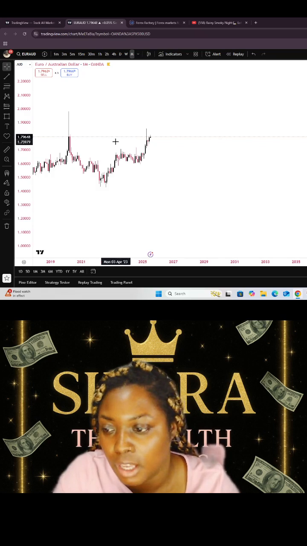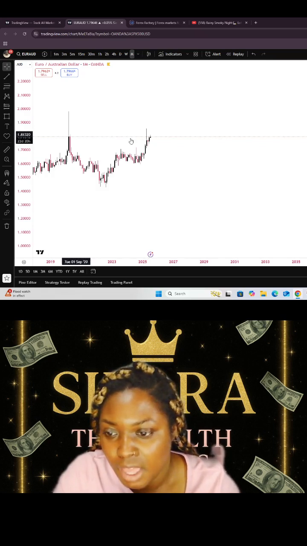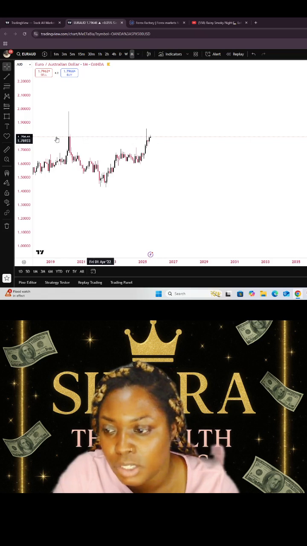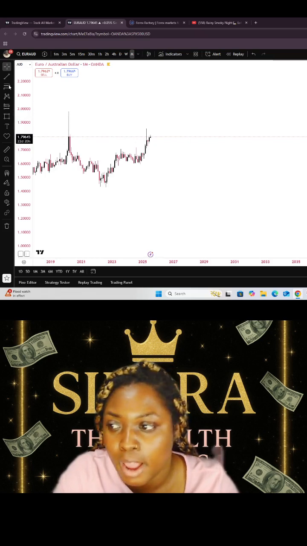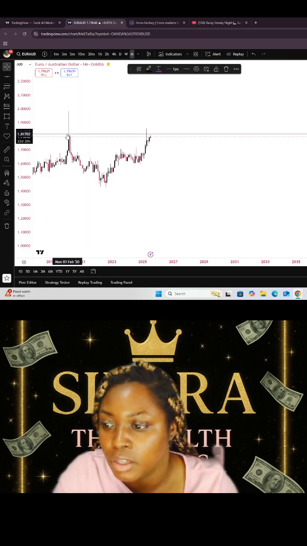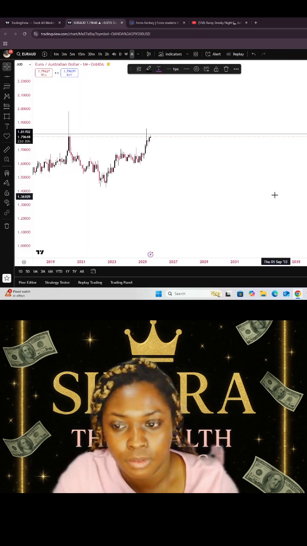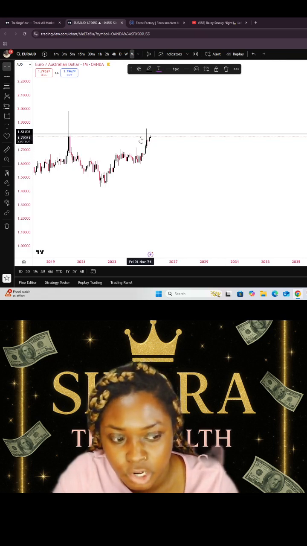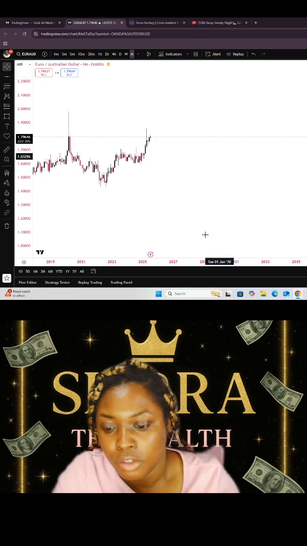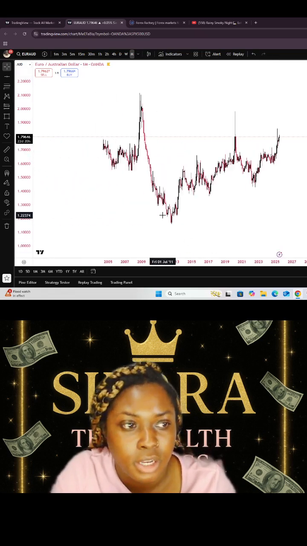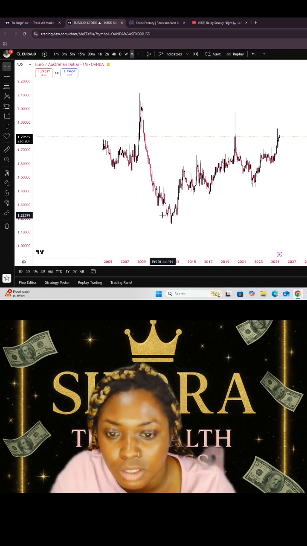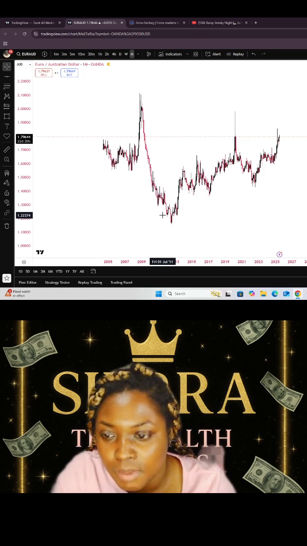And if I look to my left, these areas of rejection are relatively equal, although this one did come a bit higher, right? But if I was to put a line here, they both go through the line, okay? And current price is here on this red line. So now I just want to zoom out and look to my left to see what could have caused this rejection.